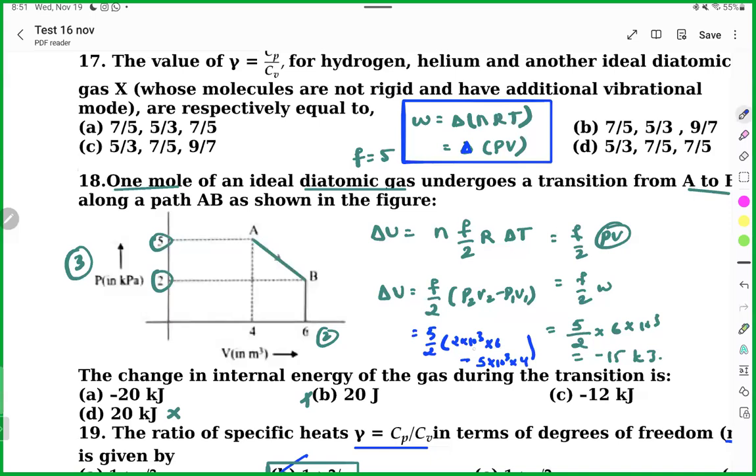So plus 12 minus 20, it will be minus 8. 5 by 2 times minus 8. 2 4s are 8, minus 20. Any doubts? So when I wrote PV here, we should write delta PV, not PV: P2 V2 minus P1 V1. Any doubt?